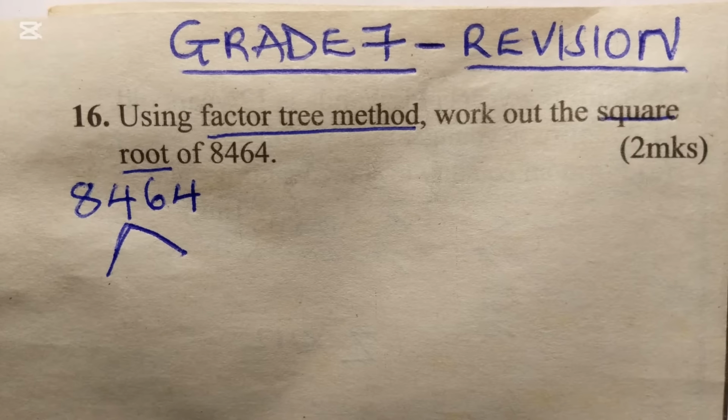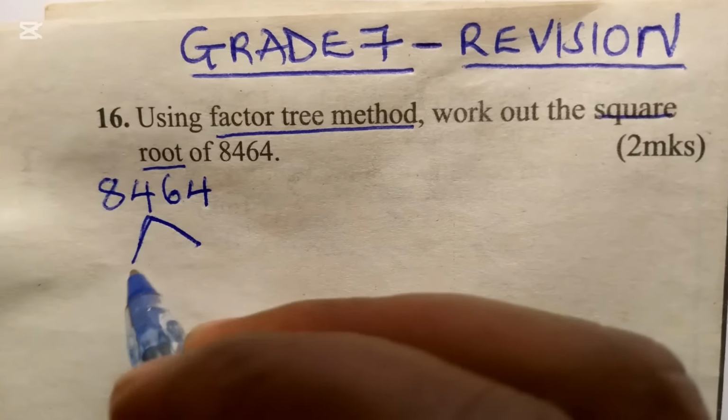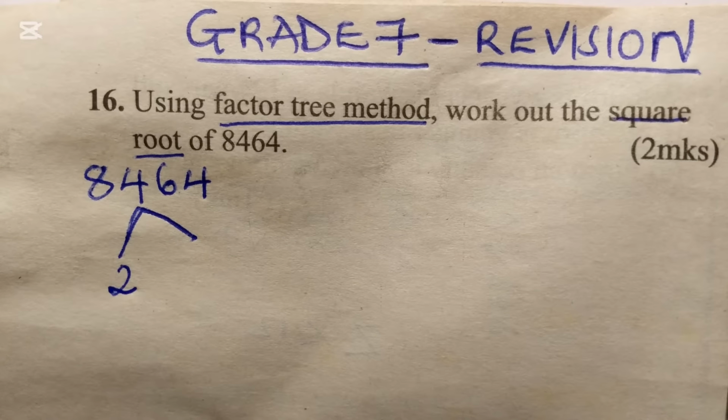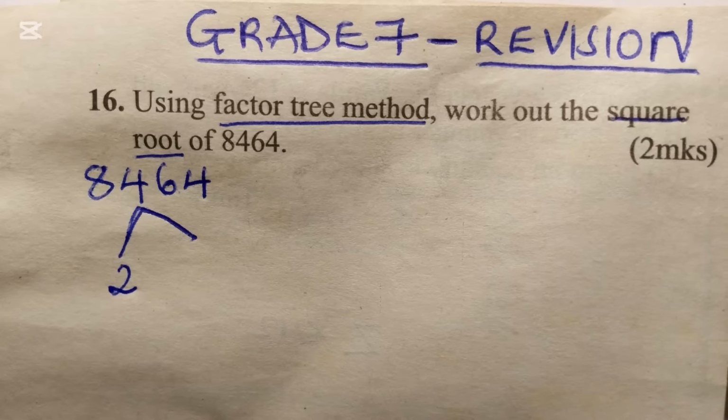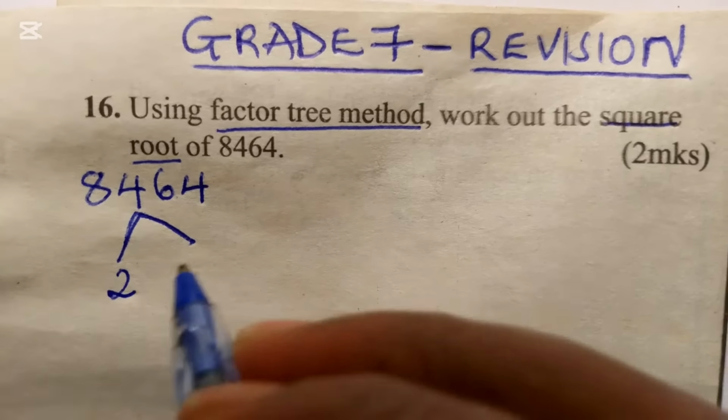It's prime factorization in another word. So the first prime number is 2. So we are going to divide 8,464 by 2, and we are supposed to get 4,232.